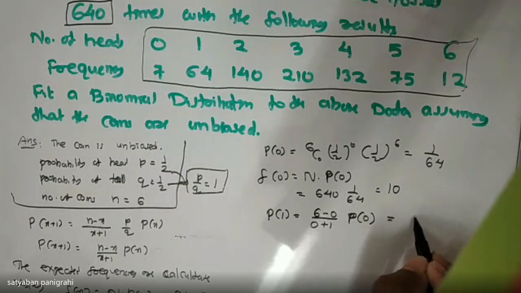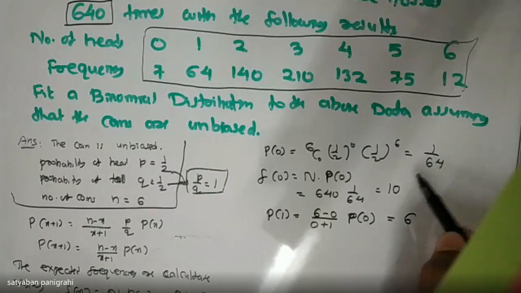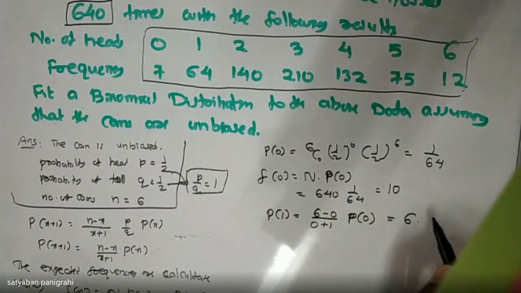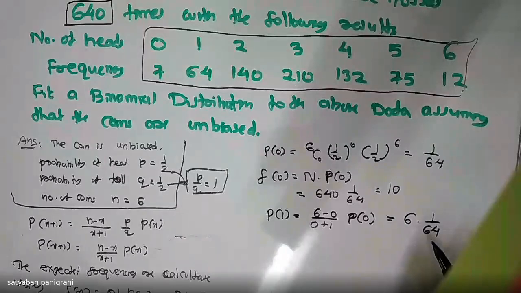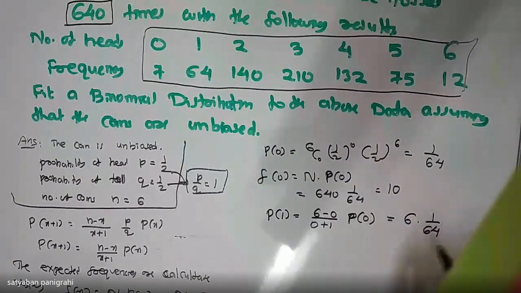This gives 6 by 1 equal to 6 into P0, P0 equal to 1 by 64, so 6 by 64.